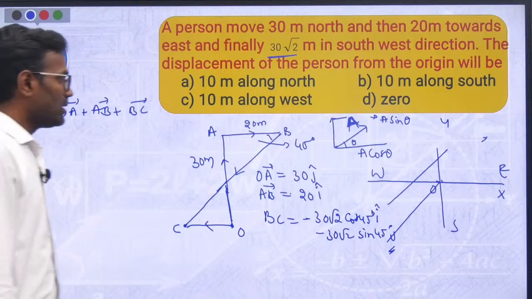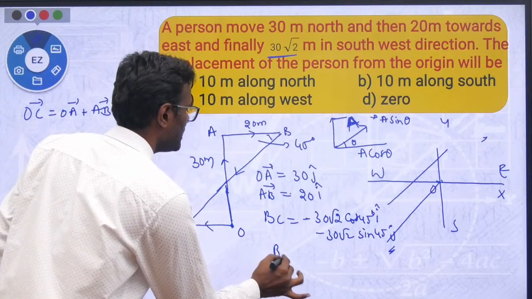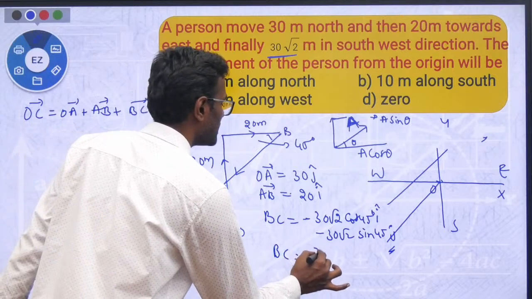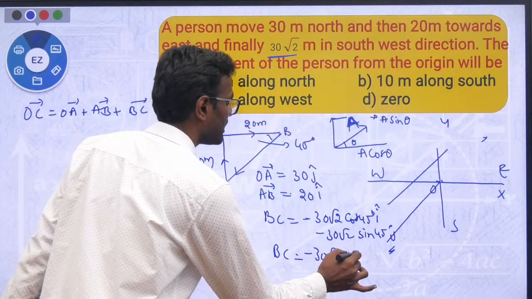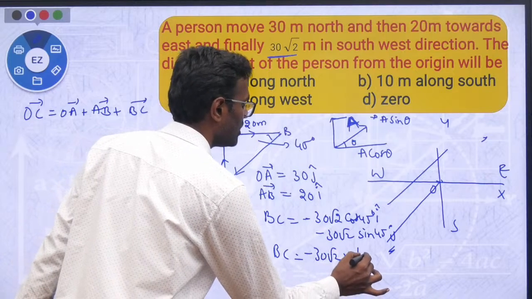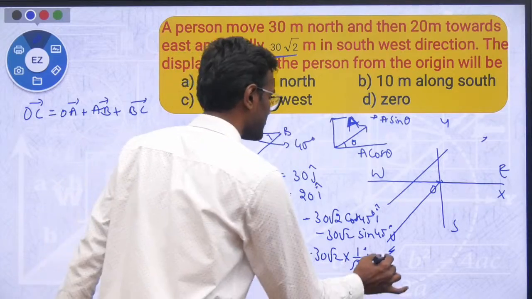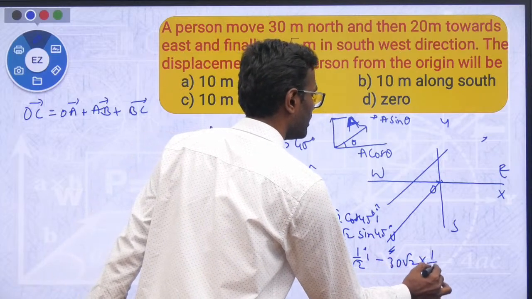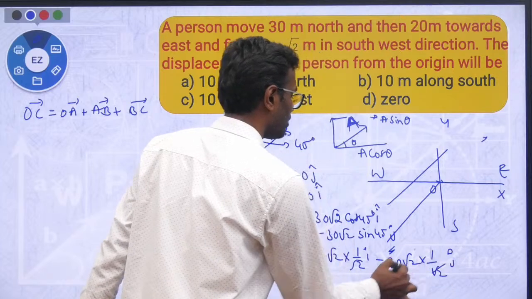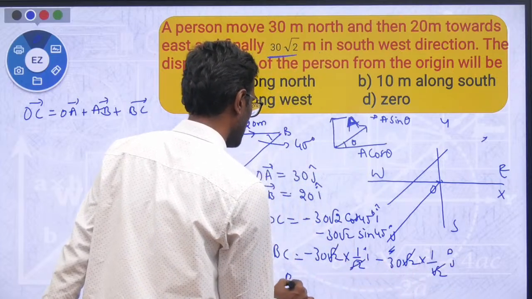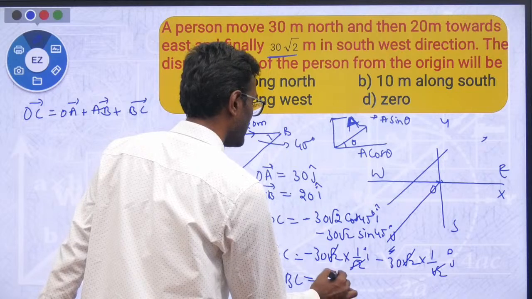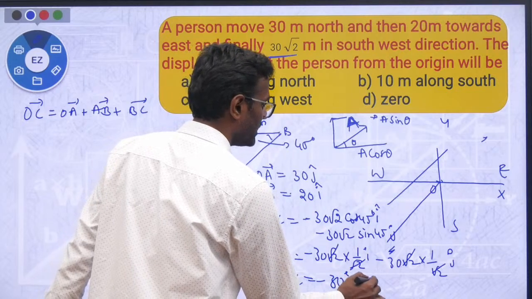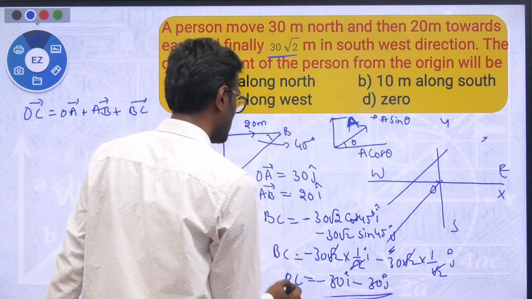Cos 45 is 1 by root 2, sin 45 is 1 by root 2, so 1 by root 2 cancels. BC is equal to minus 30 i cap minus 30 j cap. So this is the BC value.